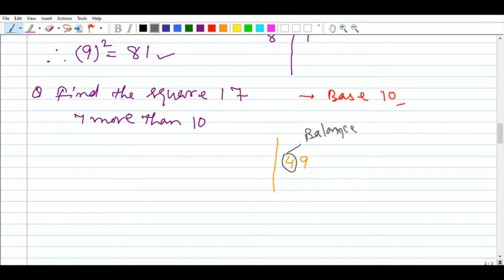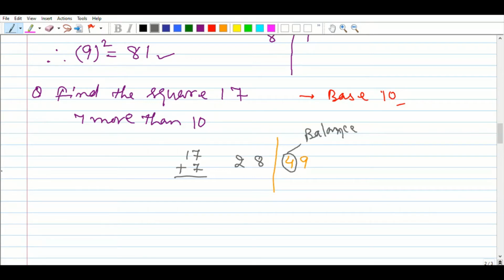Then 7 more. So 17 plus 7. It is surplus, no. We write here 24. Clear?